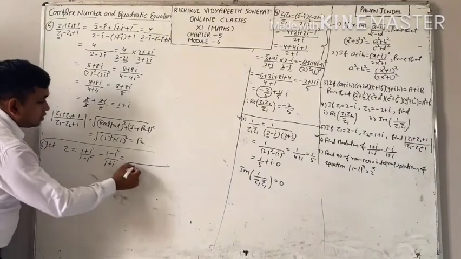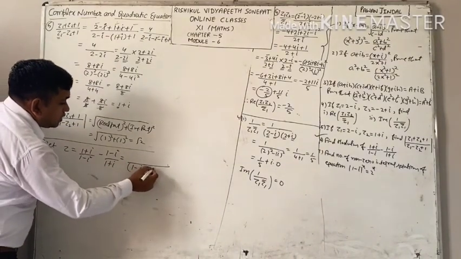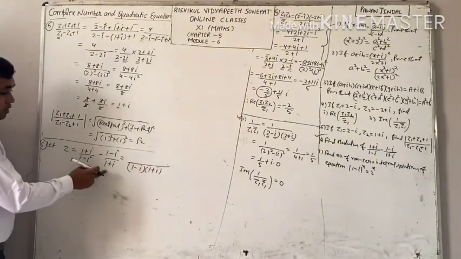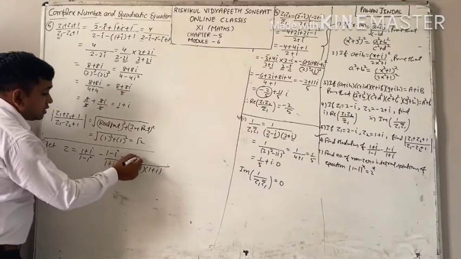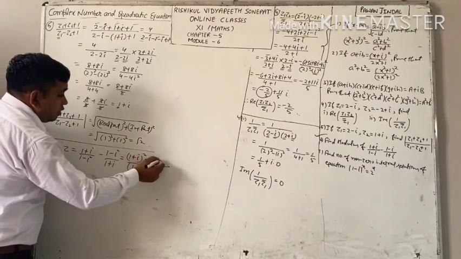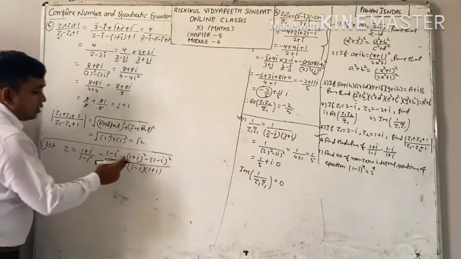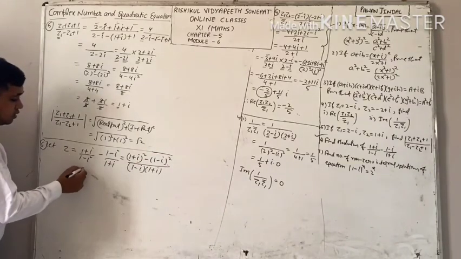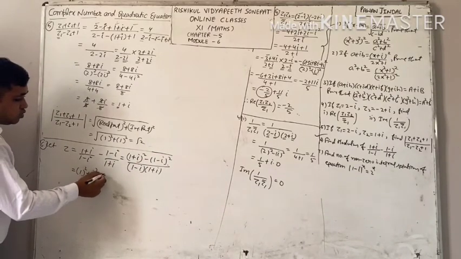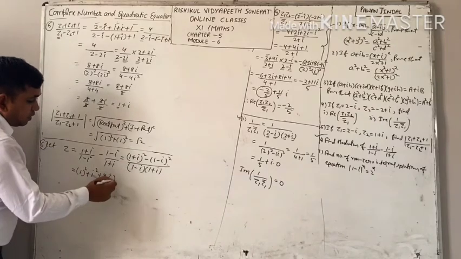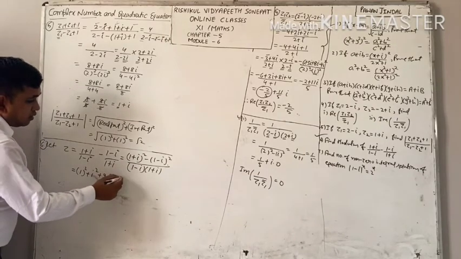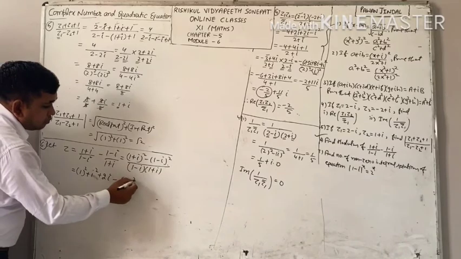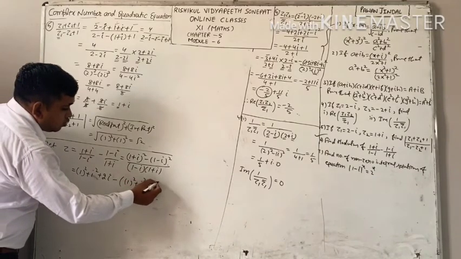Now, this is your (1 minus iota) into (1 plus iota). Take LCM. It will become (1 plus iota) whole square minus (1 minus iota) whole square. Open the whole square. This is your a square plus b square plus 2ab. Here also apply the formula. (A minus b) whole square is a square plus b square minus 2ab.